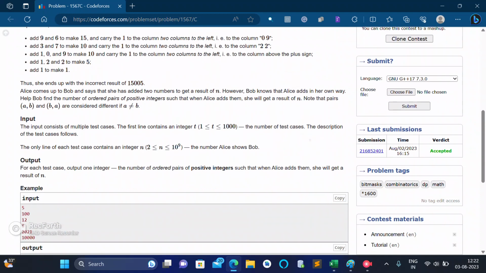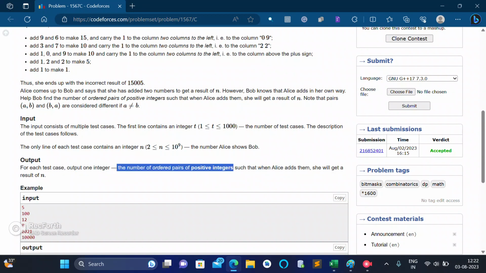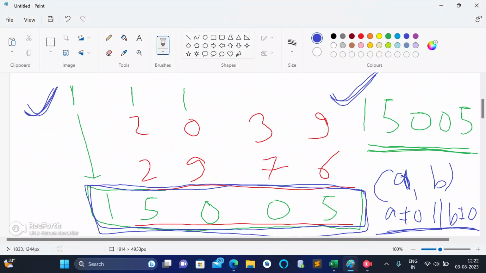Why can't A or B be 0? Because the question asks for ordered pairs of positive integers, so A can't be 0 and B can't be 0.